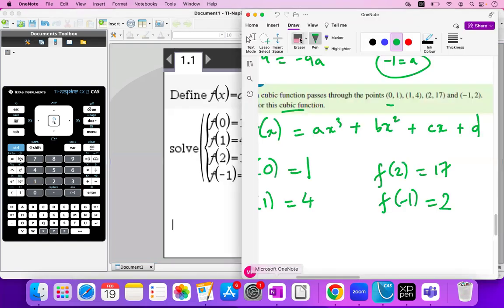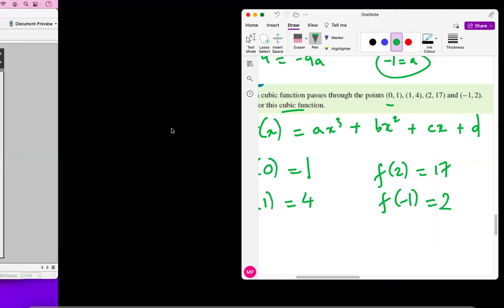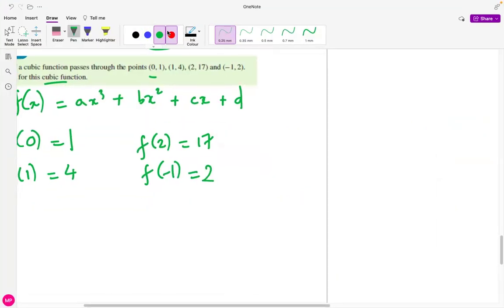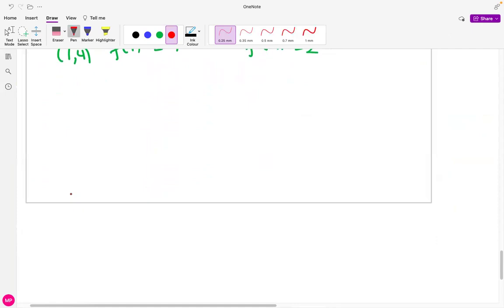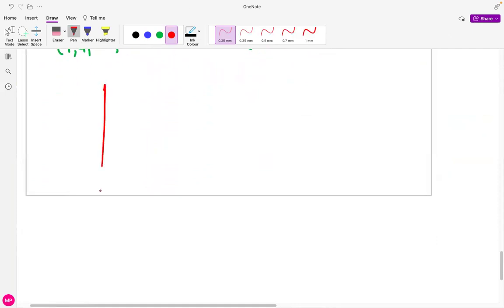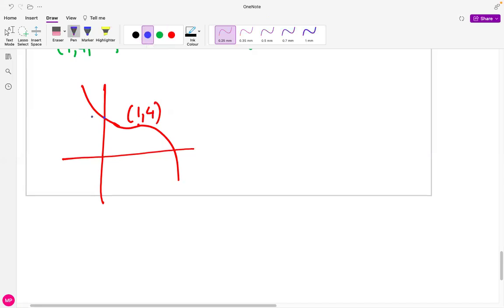Okay. And finally, let's do another example. If they happen to give you a graph that has a point of inflection, something like this, okay? And this point is (1, 4), and they give me a point here as (0, 5) or something.